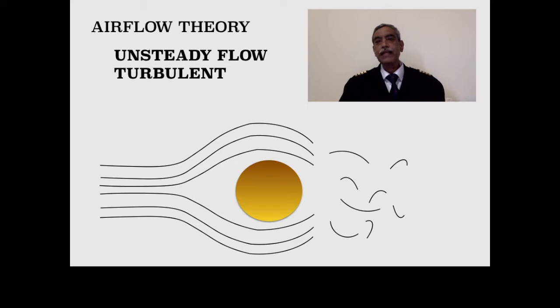There is no interaction between each filament of the streamline, but as it crosses somewhere, it breaks down and forms a chaotic kind of turbulent flow, as you can see in this diagram. This is called a turbulent flow. Such flows also happen over wing surfaces in some conditions, and which lead to different phenomena, which we are going to learn about in detail.